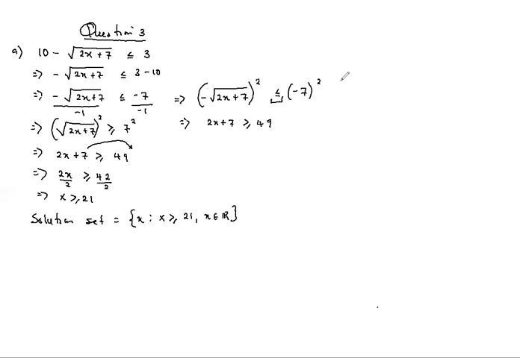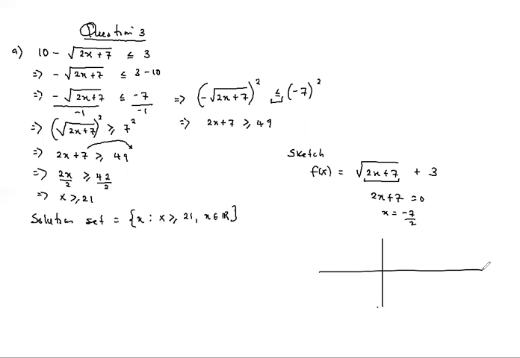So if I give you a question like this, if I say sketch f of x is equal to the square root of 2x plus 7, your first thing, even if I add the 3, your first thing is to get the radicand. You do this and get this, so that when you sketch it, you know that you are starting from this.